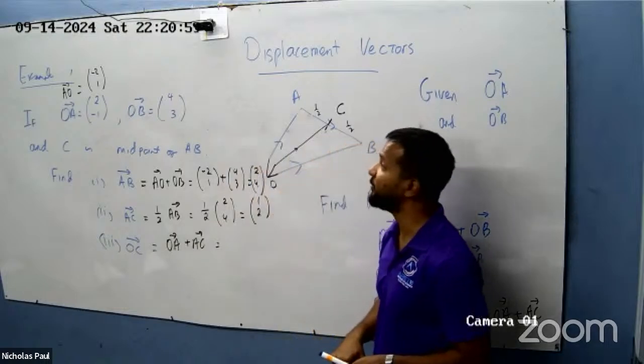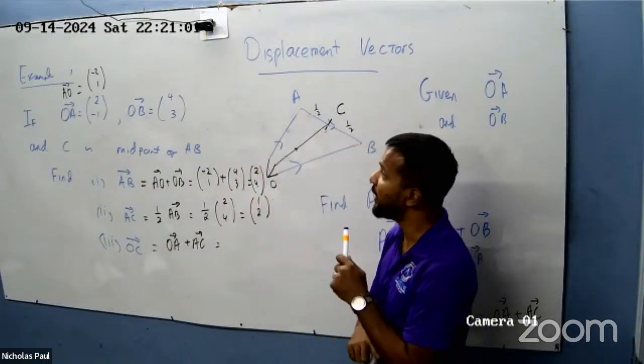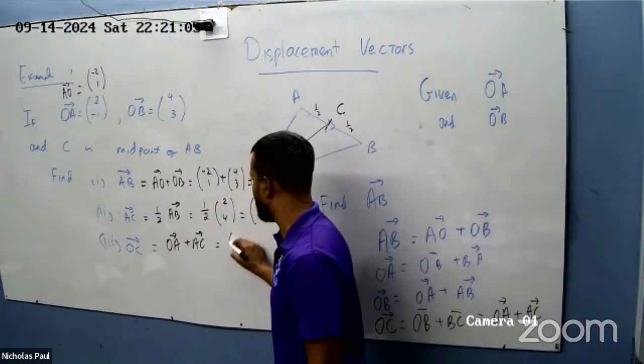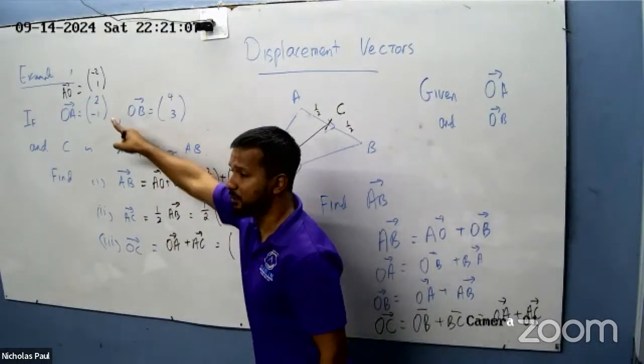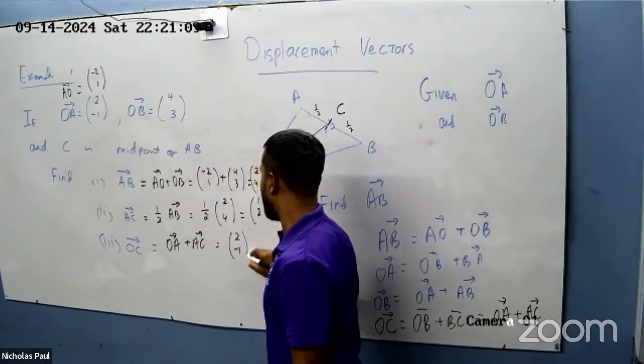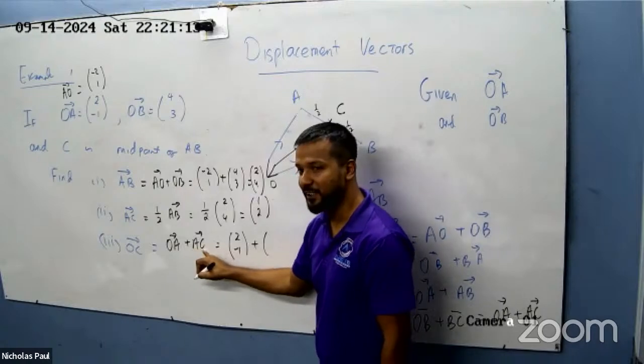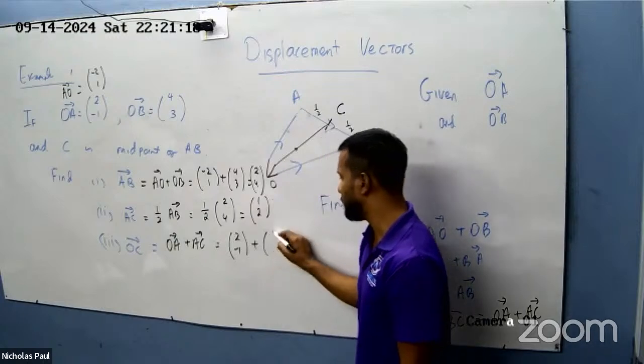Jason following? What is O to A? O to A is (2, -1). And AC is what? (1, 2).